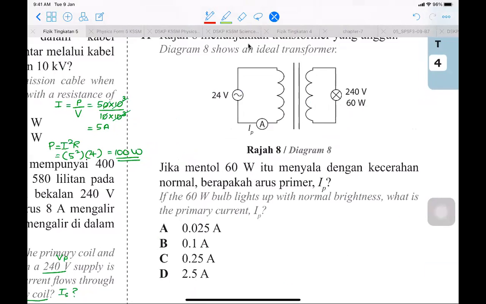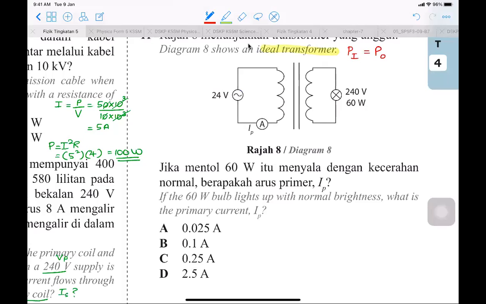So the word ideal transformer means the power in or power input, the input power is equal to the power output. Okay, that is what is meant by ideal transformer.